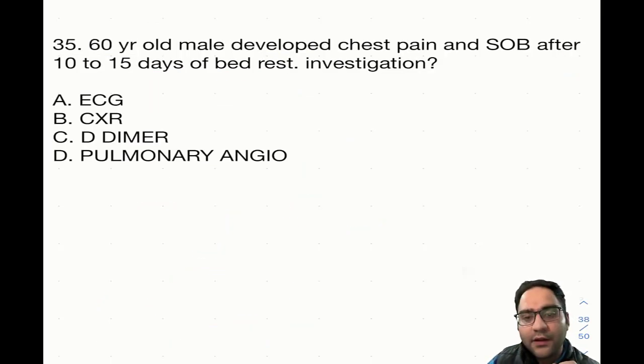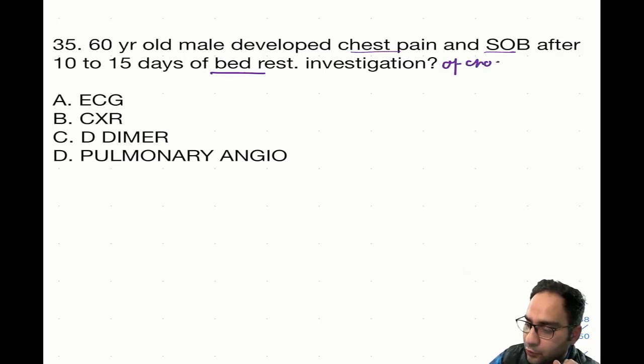Then you have another question: a 60-year-old male who developed chest pain and shortness of breath after 10 to 15 days of bed rest, right? What is the investigation of choice? So what you can make out from this clinical problem is the patient is having pulmonary embolism.